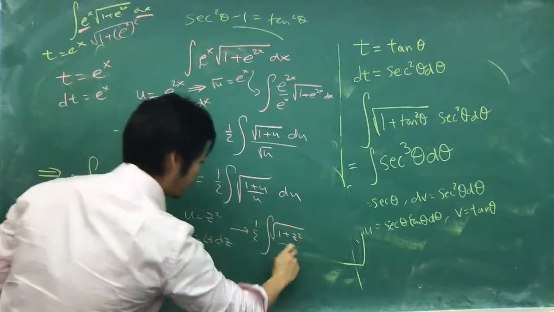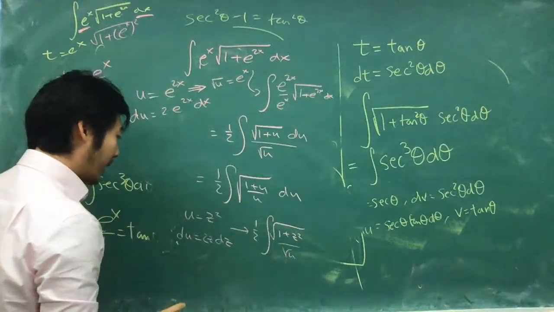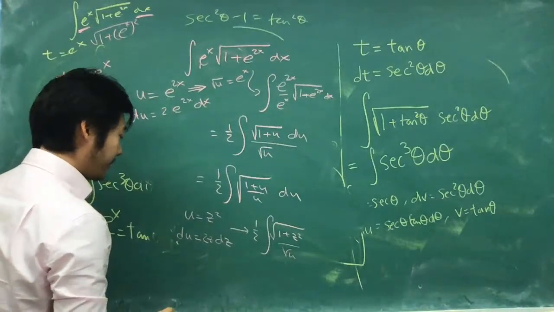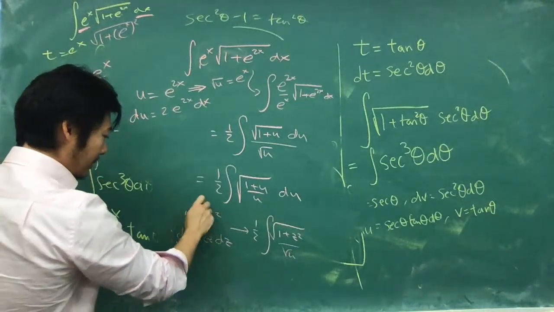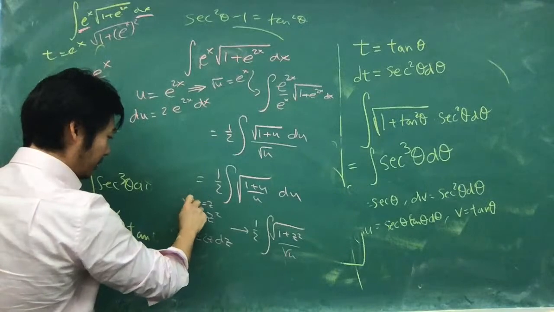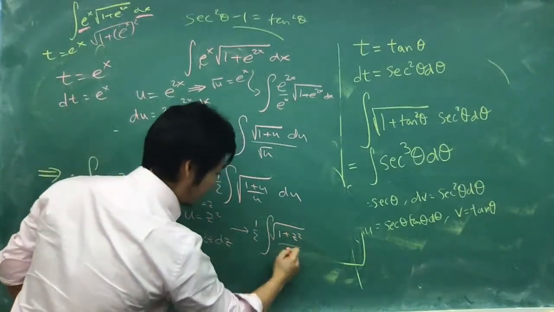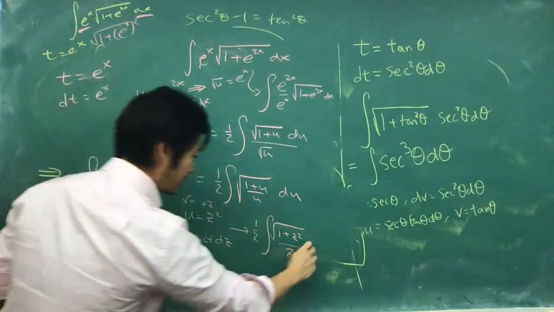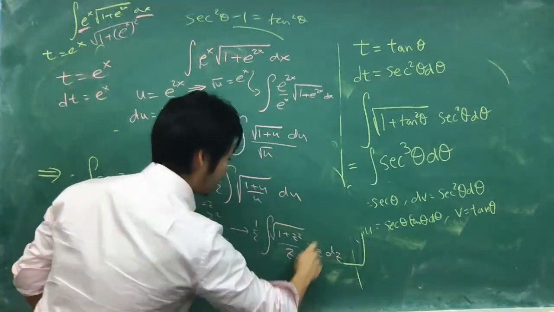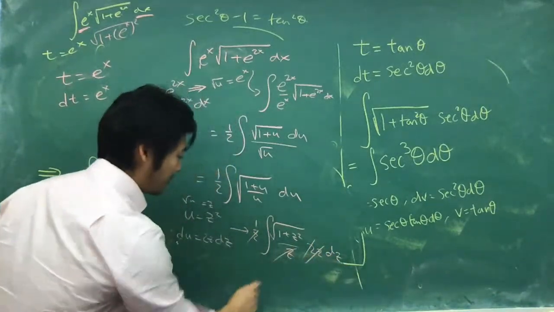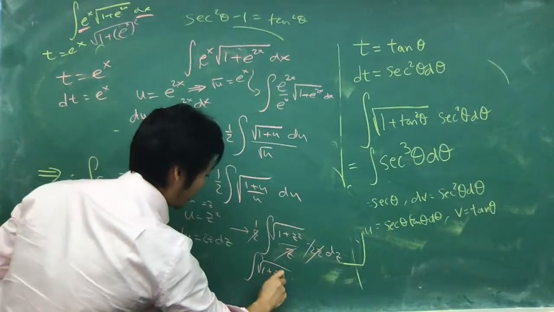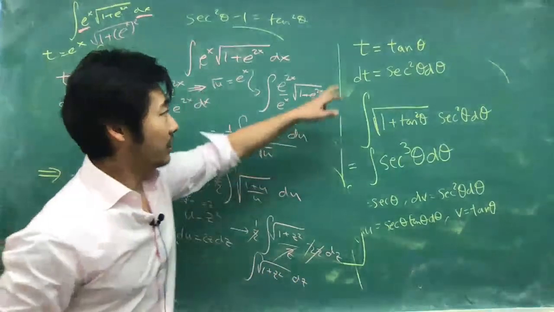And then you have still a root u, but this z is equal to root u. So this becomes z. And then du is 2z dz. So these cancel and the z's cancel. So you end up with square root of 1 plus z squared dz, which is what we started off with anyways.